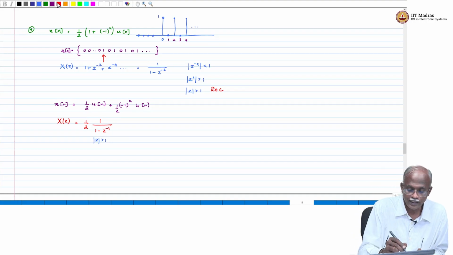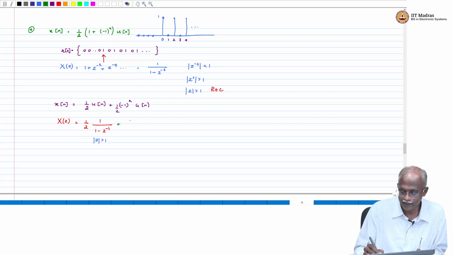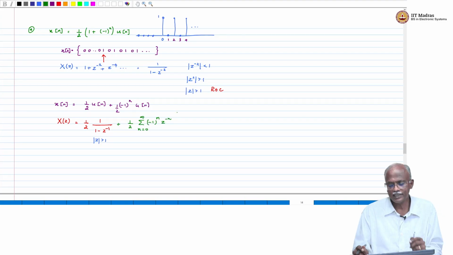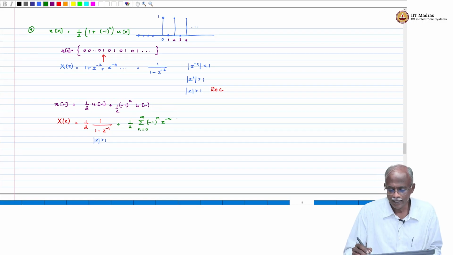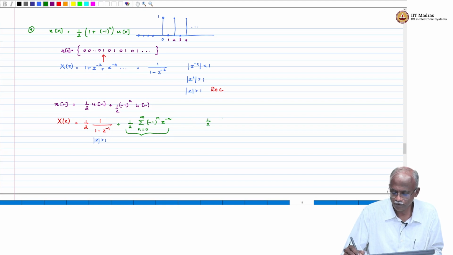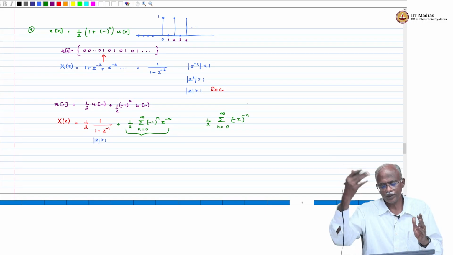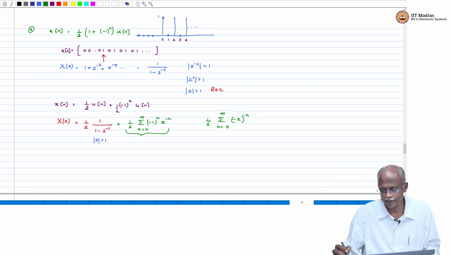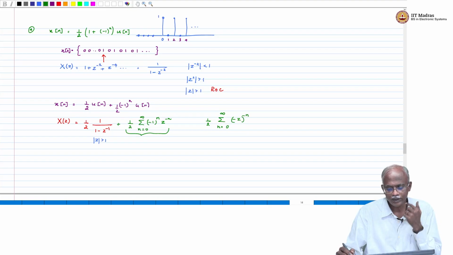Correct? Second term, plus 1/2. Now, I just want to make sure we don't make a mistake here. So, summation n equal to 0 through infinity (minus 1) power n z power minus n. Okay, I can write this as, I'm just going to write a couple of extra steps, 1/2 summation n equal to 0 through infinity of (minus z) power minus n, because (minus 1) power n and (minus 1) power minus n are both the same. So, I write (minus z) raised to the power minus n.